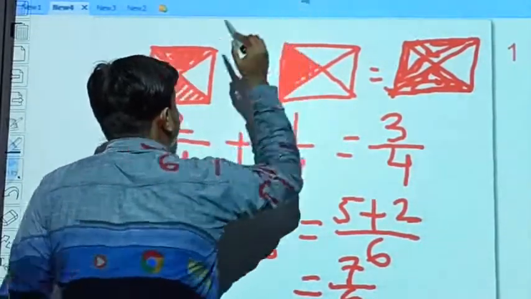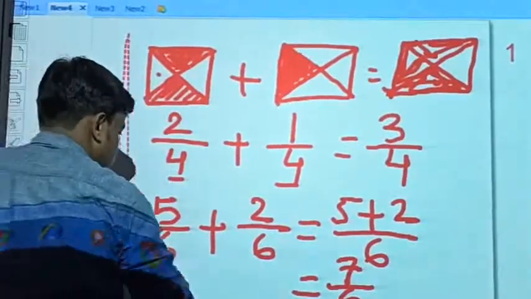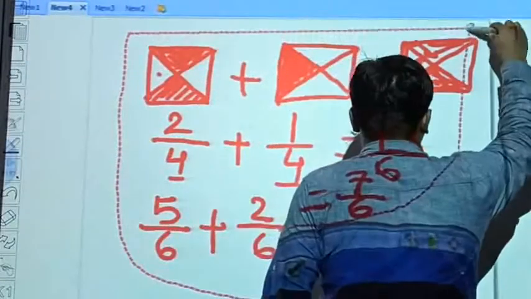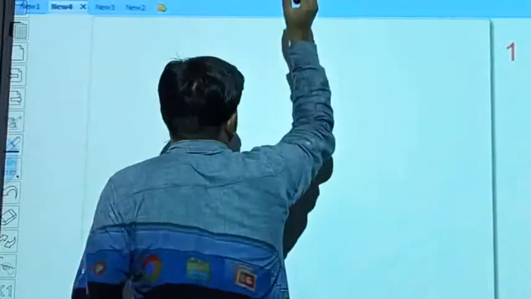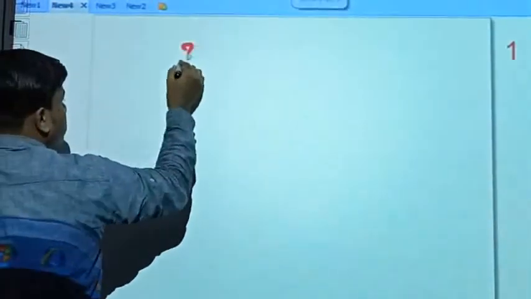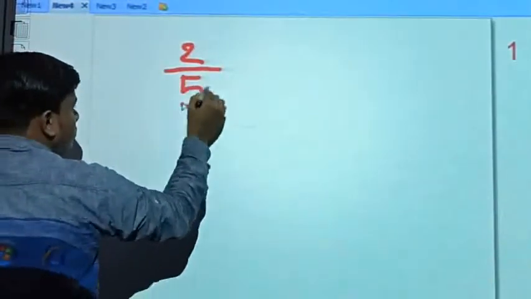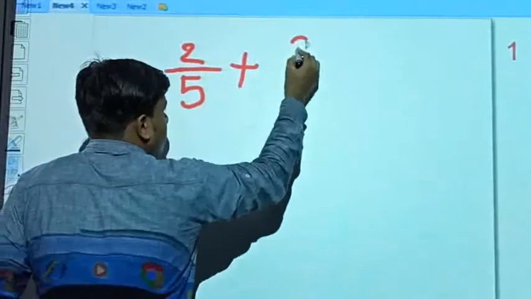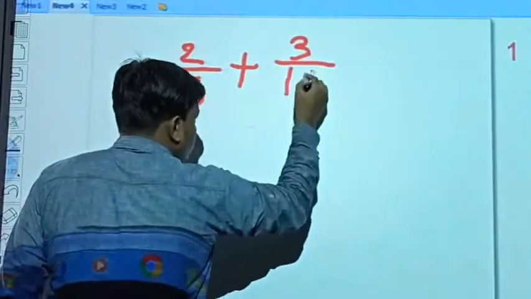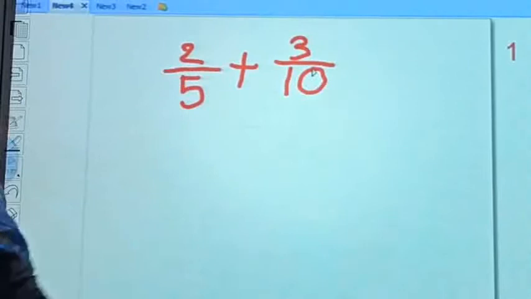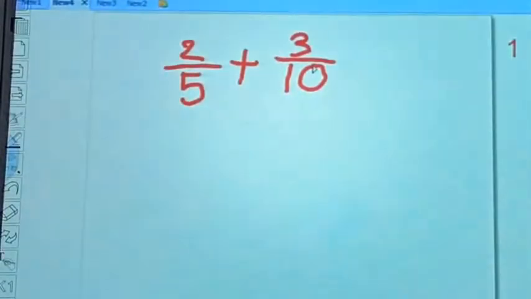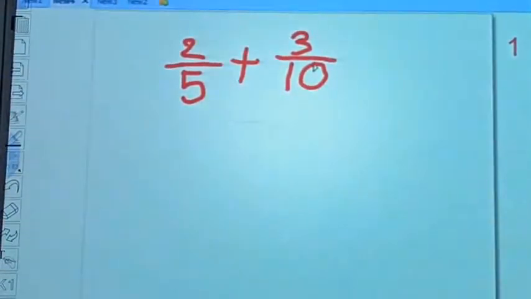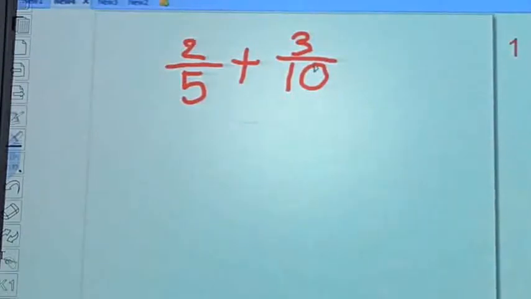But what about this? The denominators are different, so this type of fractions are called unlike fractions.